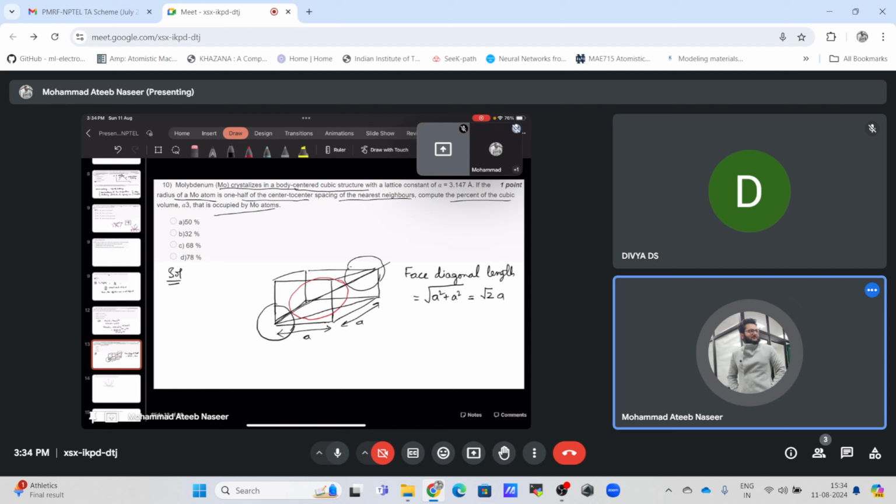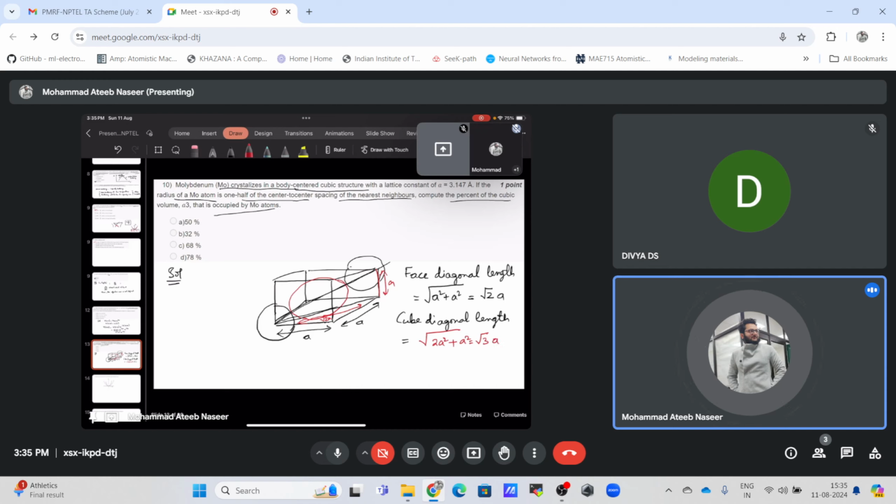And for this cube diagonal, which is going through the middle of this cube, now this whole value is root 2a, so it will be 2a square plus this side having the value of a, so a square, and we will have this equal to root 3a.